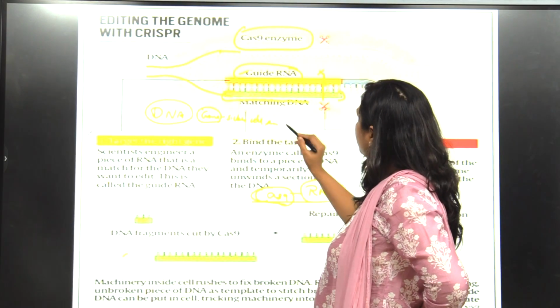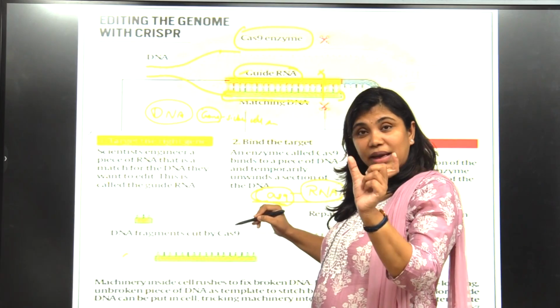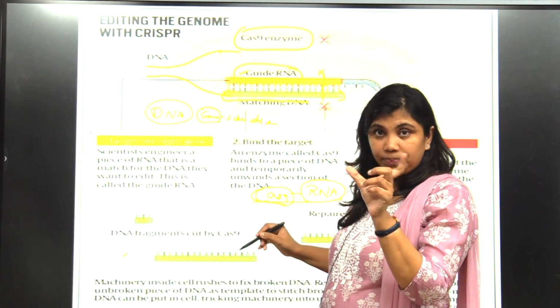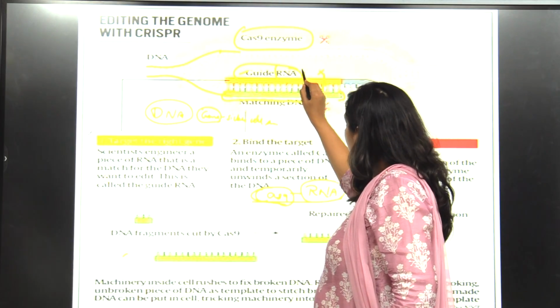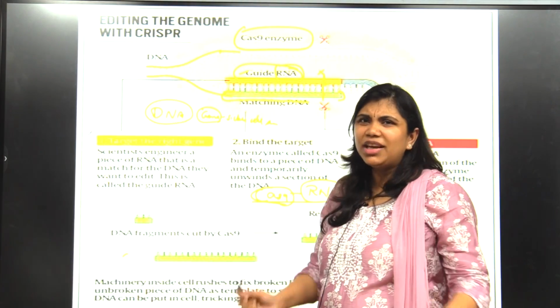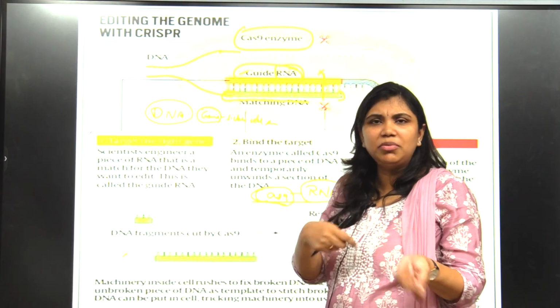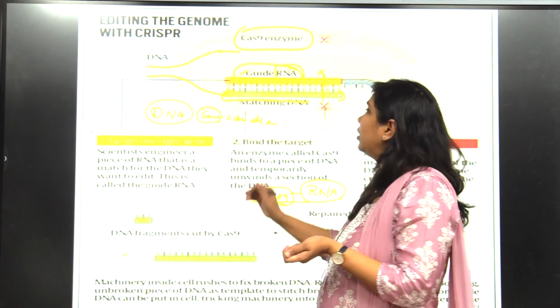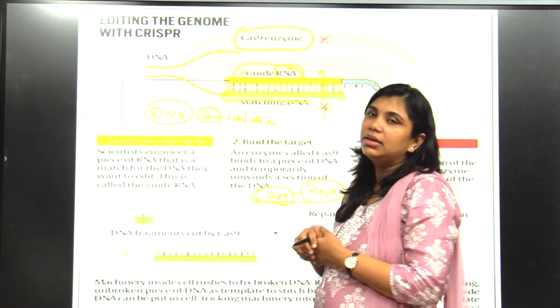Now what are we trying to do? I have to make an RNA. RNA will contain the instructions for proteins. That RNA should match with this DNA. We can make that within a system. Artificially we'll make an RNA that will match with this DNA.